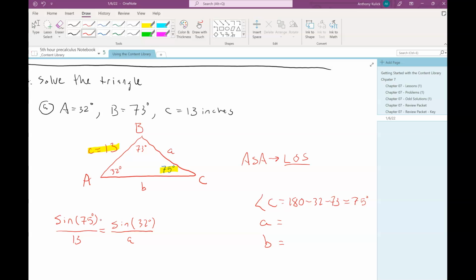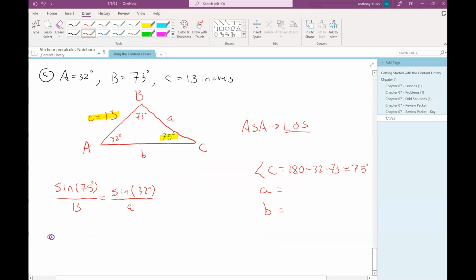Everybody's okay with that? Now I'm going to just solve this for A. So I'm going to start by cross multiplying. So A times sine 75 equals 13 times sine 32.